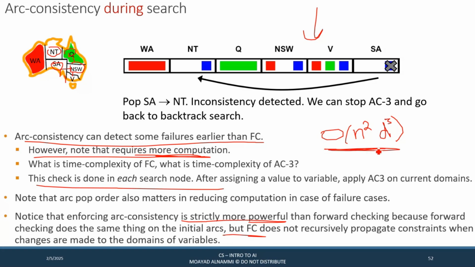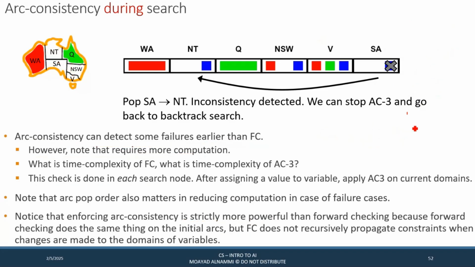And you might wonder, okay, every time I'm in a search tree node, if I apply AC3 and I'm going to pay some computation cost, is this even worth it? Well, don't forget that your search tree in total is going to be of O(d to the power of n). This is exponential cost.